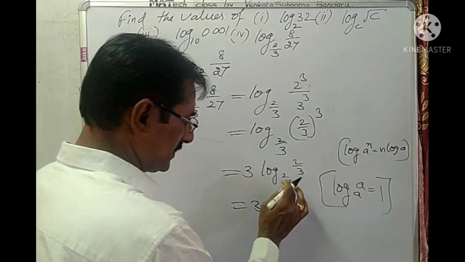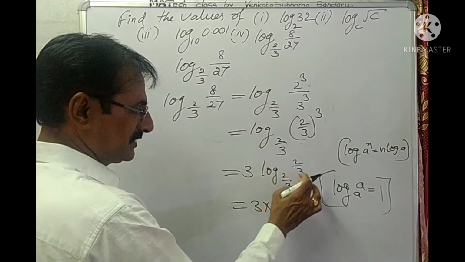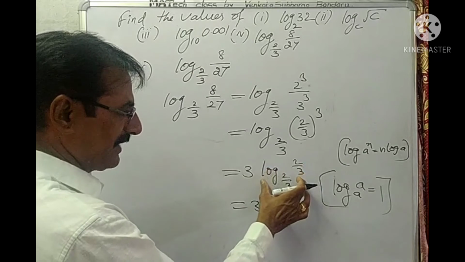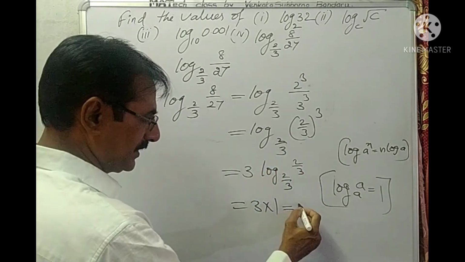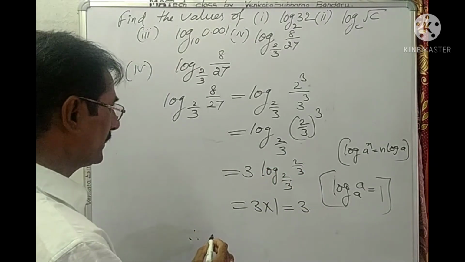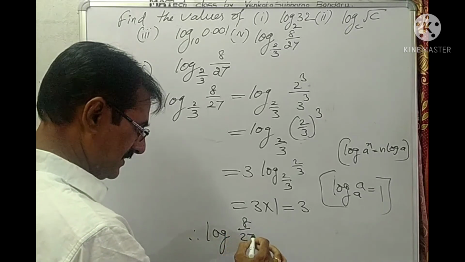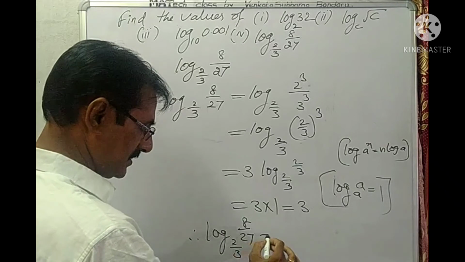As per this, the value of log 2 by 3 base 2 by 3 is exactly the same, and we know the value of this one is 1. 3 into 1 equal to 3. Finally, the value of log 8 by 27 base 2 by 3 equal to 3.